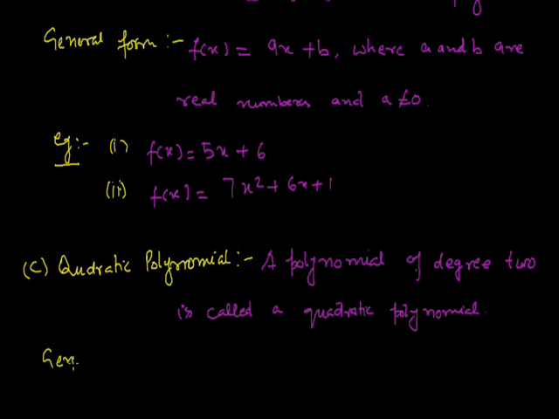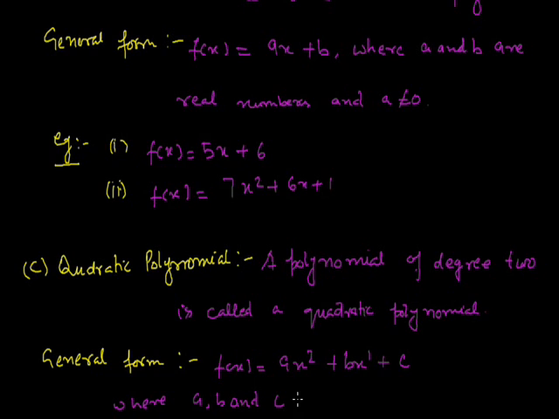Now, the general form of a quadratic polynomial is f(x) equal to ax to the power 2 plus bx to the power 1 plus c, where a, b and c are constants and a not equal to 0.